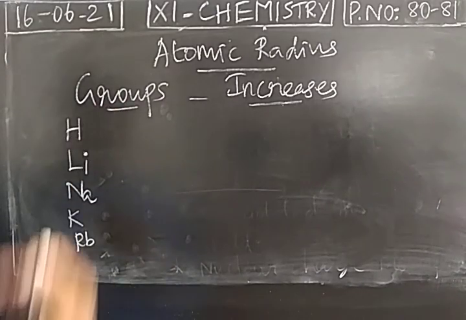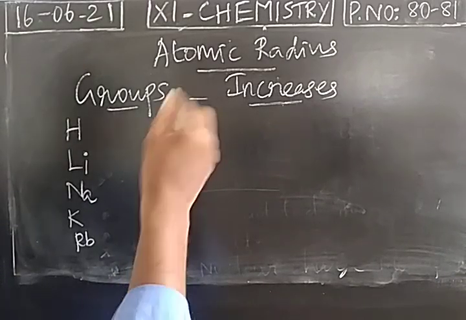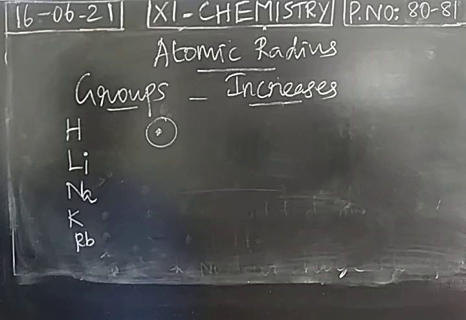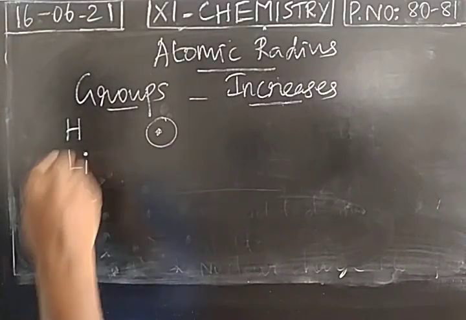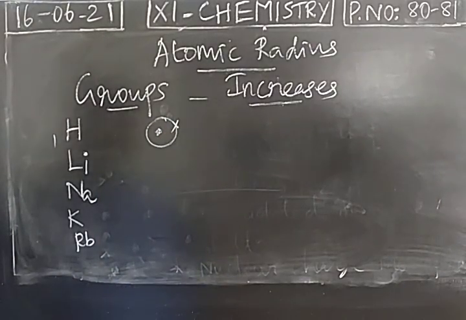Gradually atomic size or atomic radius increases. What is the reason? Electrons added in the next cell. That is the reason. You take hydrogen with atomic number 1. Only one electron is present in the valence shell. First cell is a valence shell.